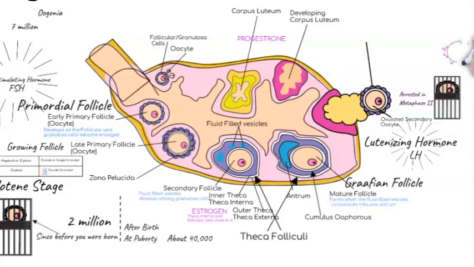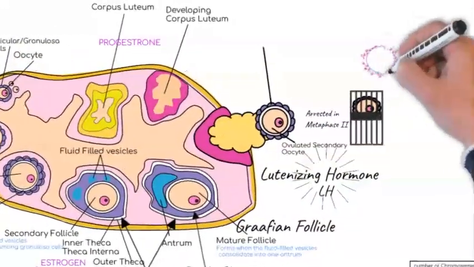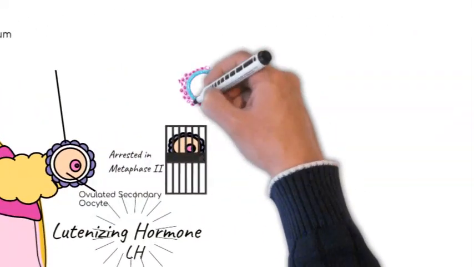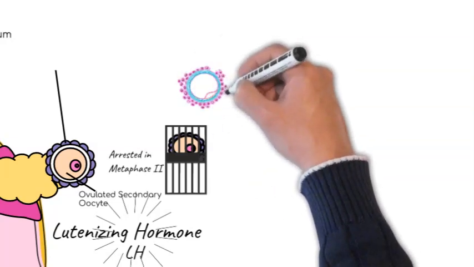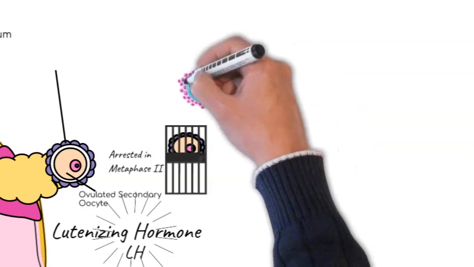The cumulus oophorus cells begin to rearrange themselves around the ovum in a manner that gives the shape of a crown. So now these cumulus oophorus cells start looking like this. Okay, so it looks like a crown.